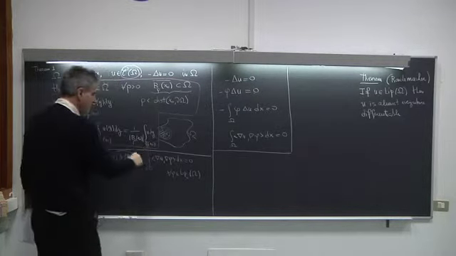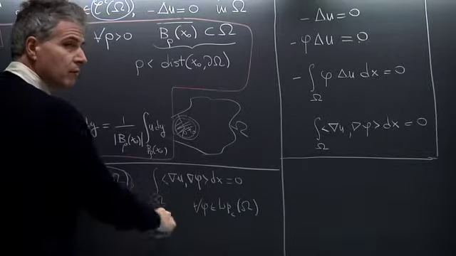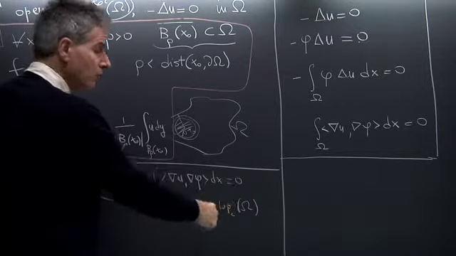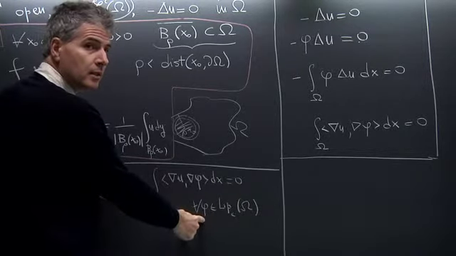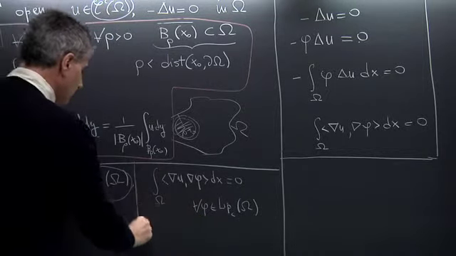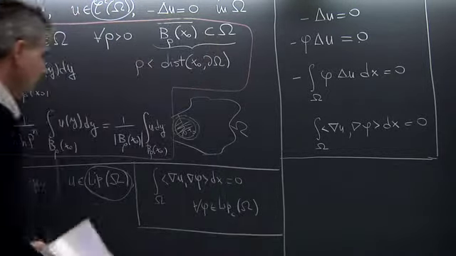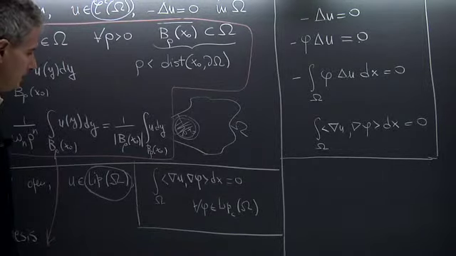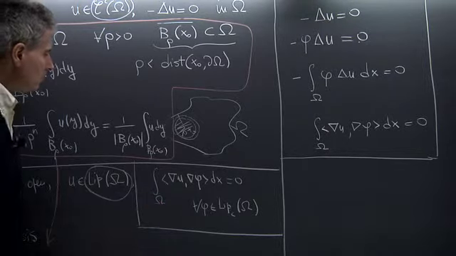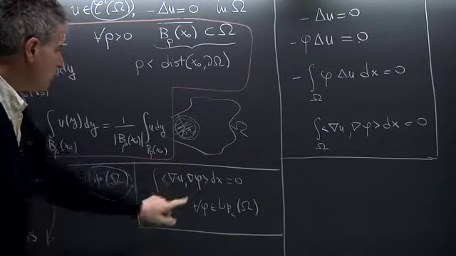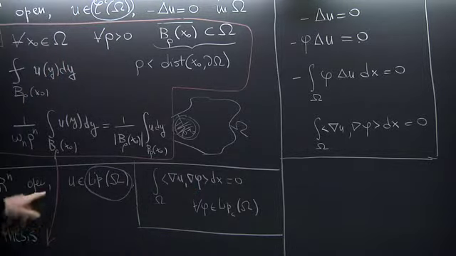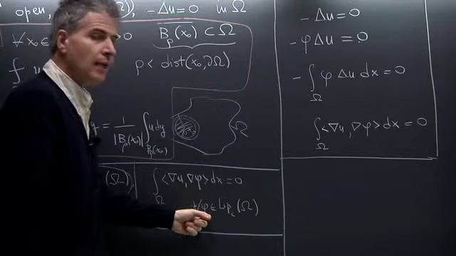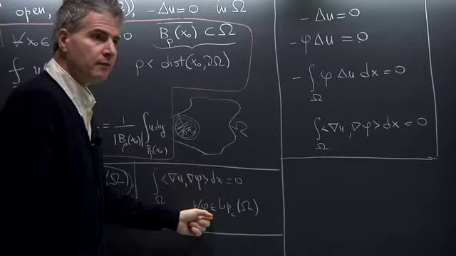You see, this assumption is an infinite number of hypotheses, because for any test function this must be true, and of course there is an infinite number of test functions. Now we want to show this assertion, and we have to produce a clever choice of test function phi.